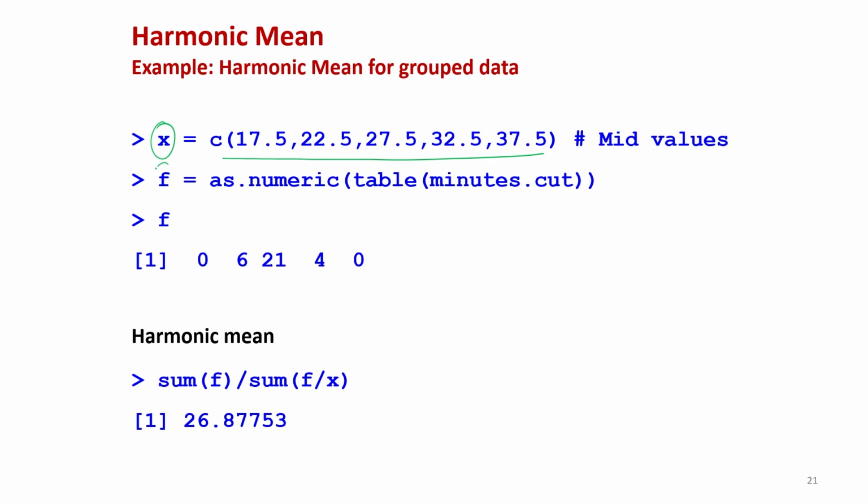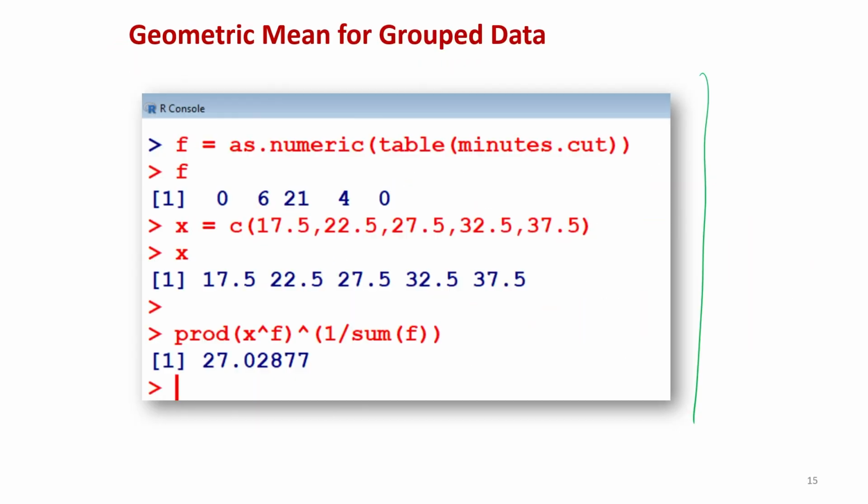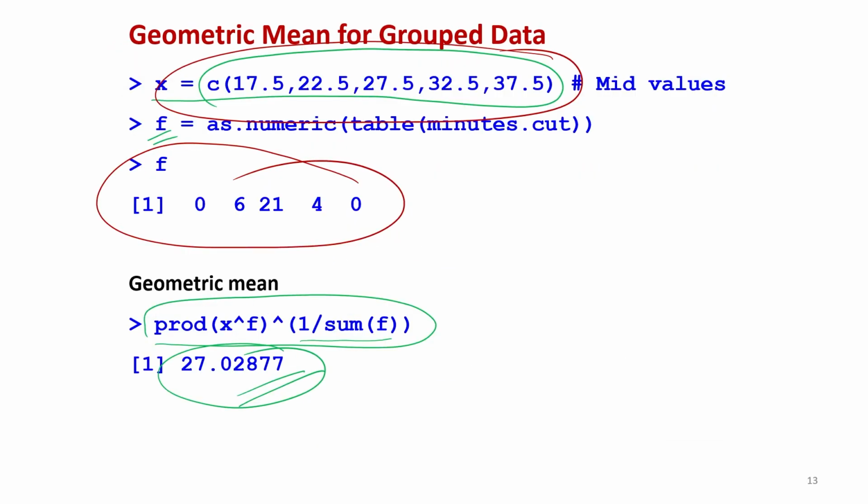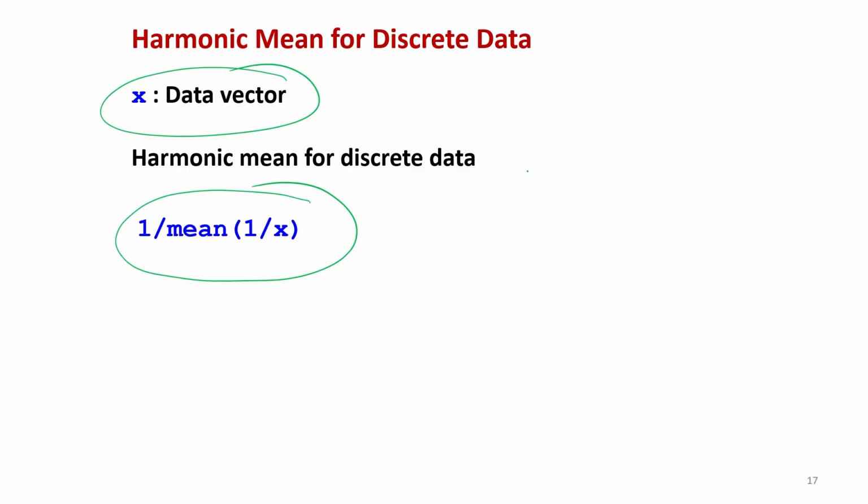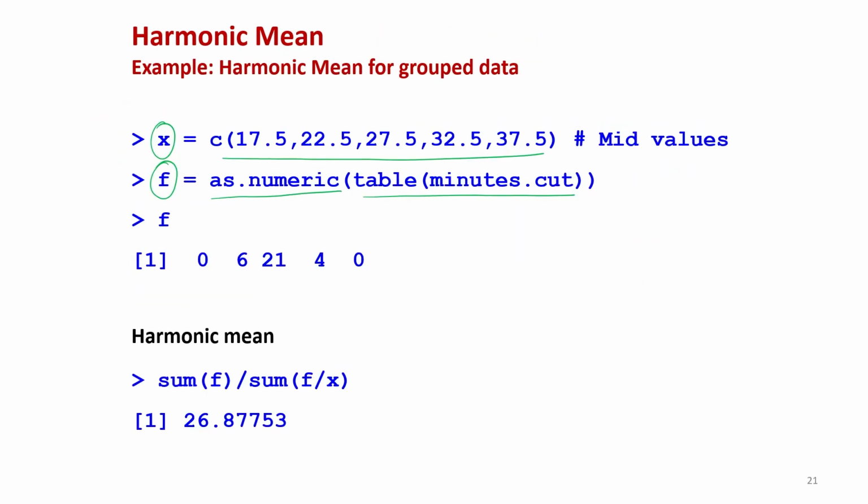It is stored as f with as.numeric(table(minutes.cut)), which we have already done. If you recall, we have done this calculation. So you can see this is your x and this is your f, and I am using it directly here, not computing it again.